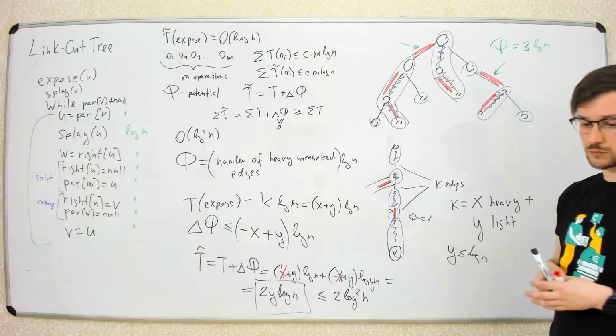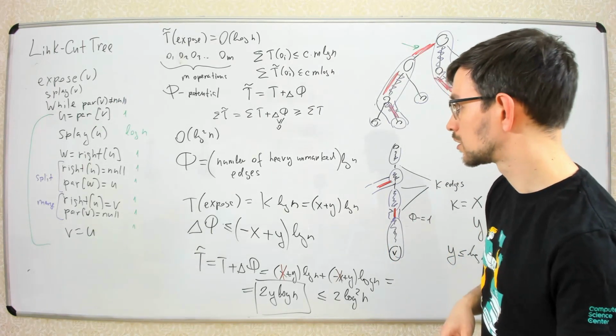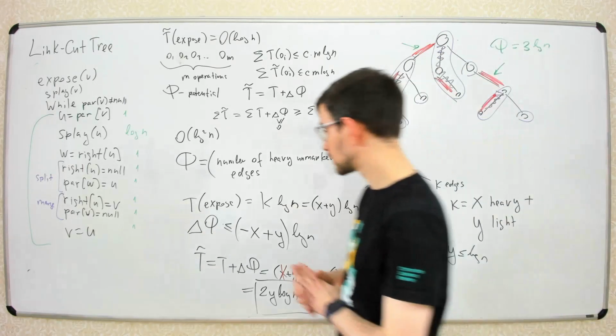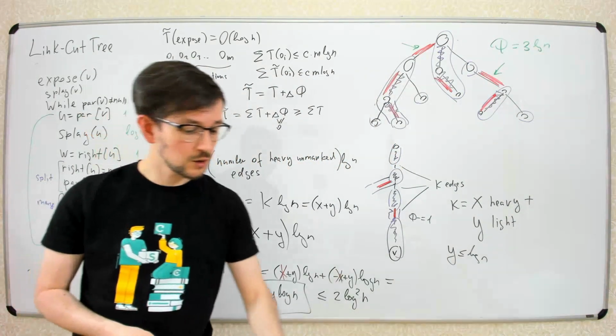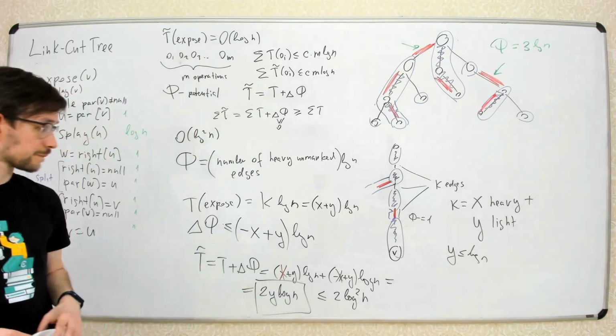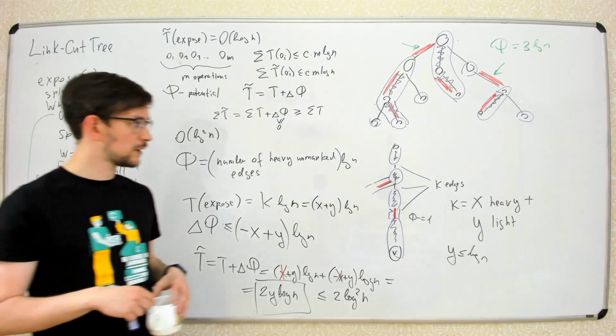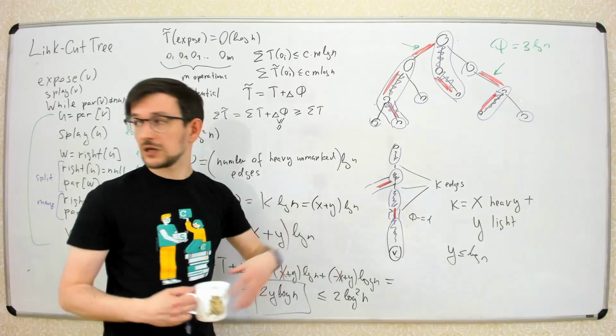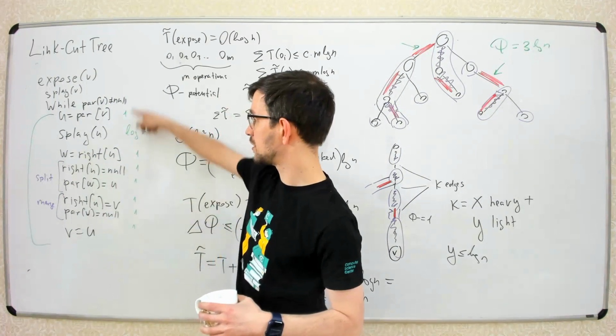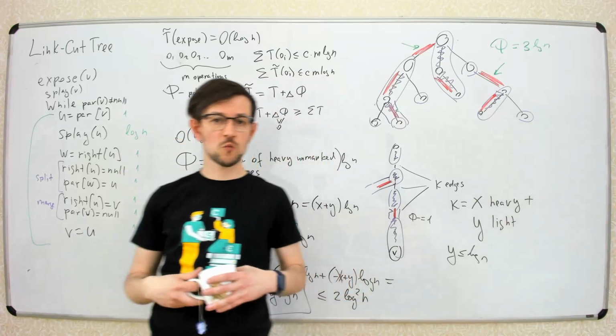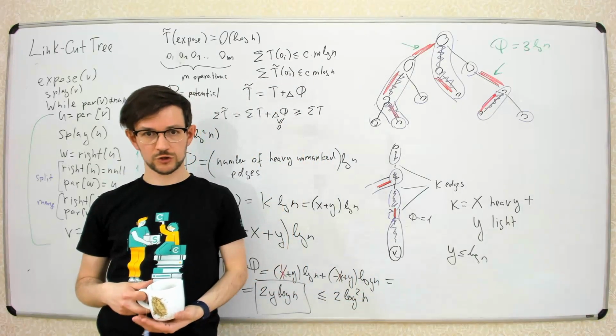Again, the idea is that if you make a lot of operations in this loop, it means you mark many edges in your tree.